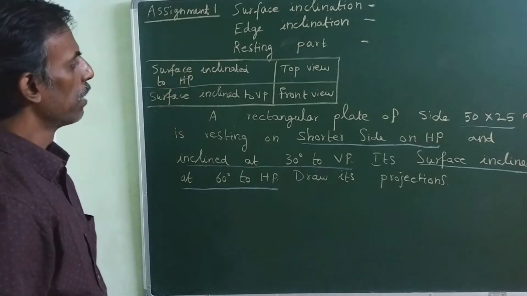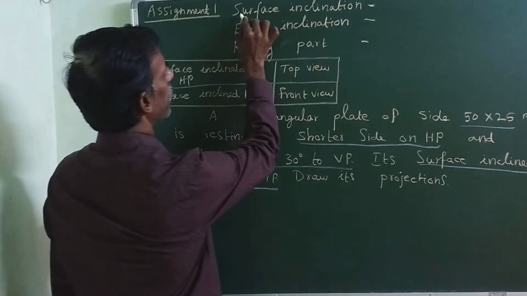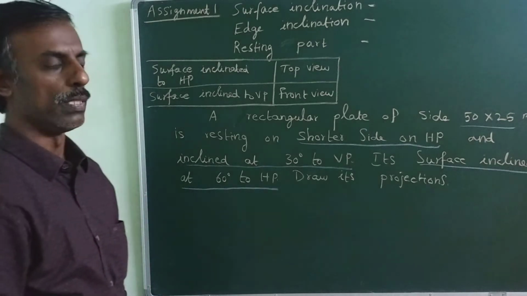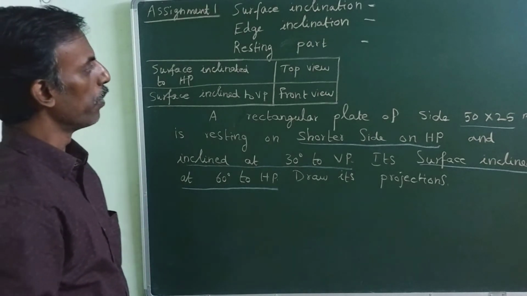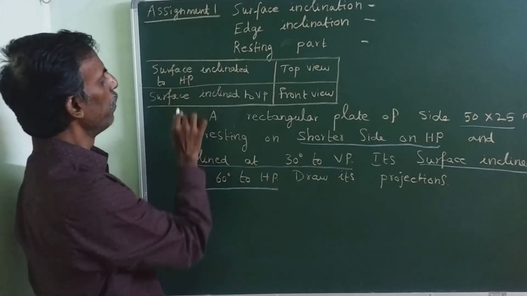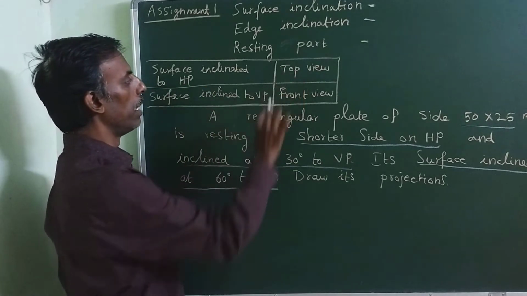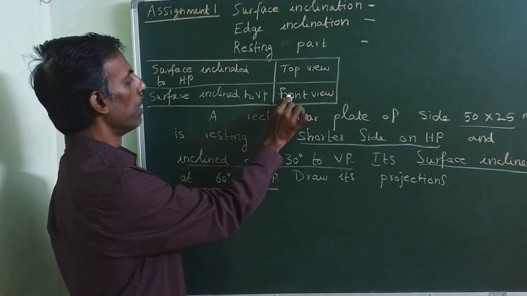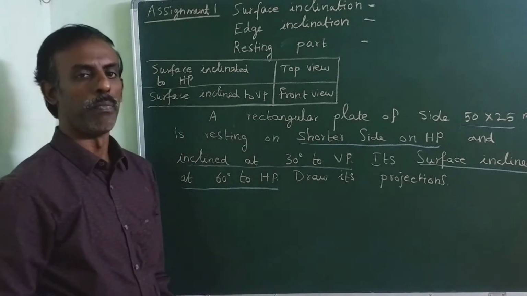Now out of this, based on the surface inclination only you have to decide in which way you can start the diagram. Surface inclined to HP means you have to start with the top view. Surface inclined to VP means you have to start with the front view.